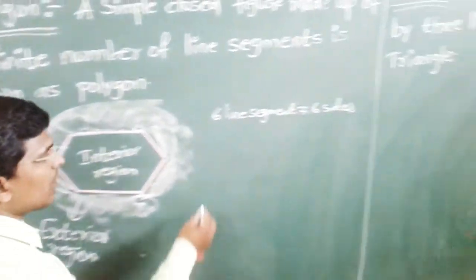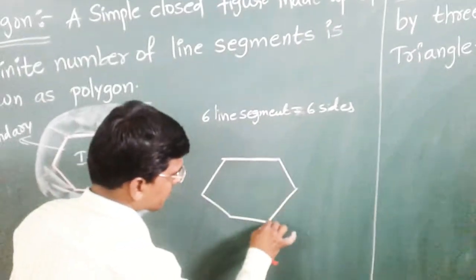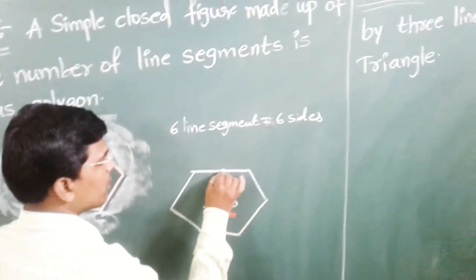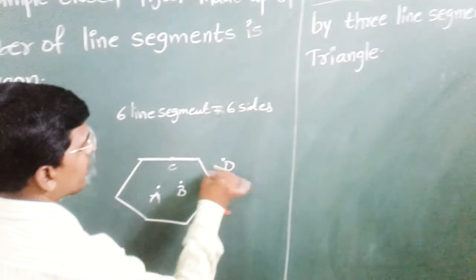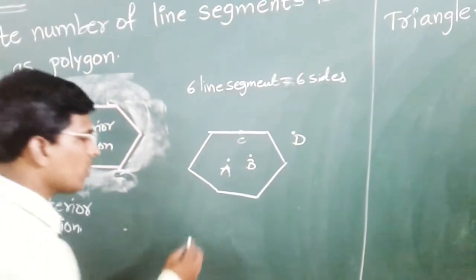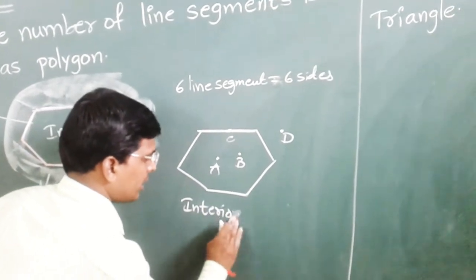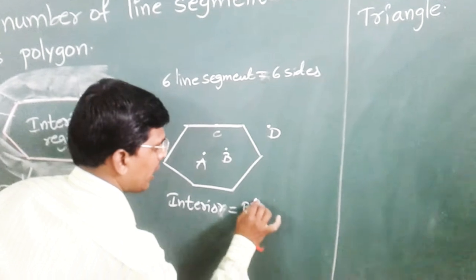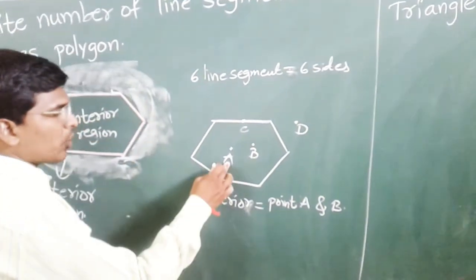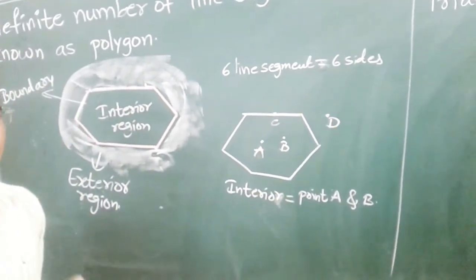Suppose, for example, I'm taking another polygon. This is point A and point B, point C and point D. What are the points inside of this polygon? The points which are in the interior are point A and point B. These points A and B are inside of the polygon, in the interior region.